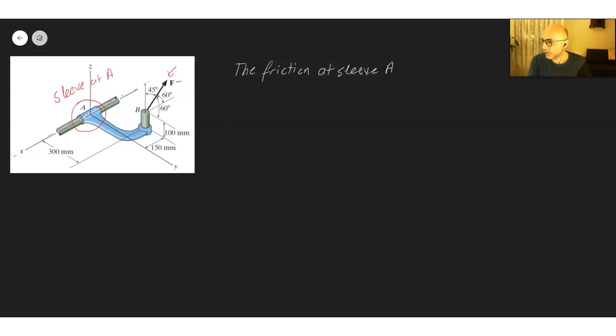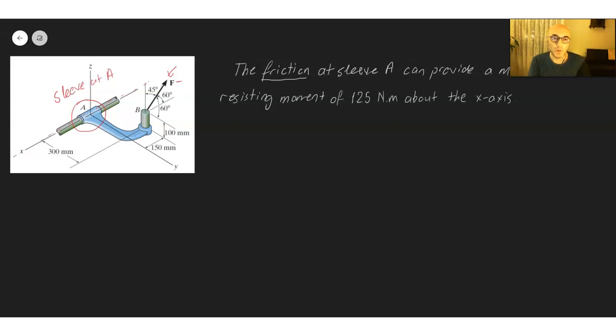So what about the friction at the sleeve A? This friction can provide a maximum resisting moment of 125 Newton meters, and that's about the x-axis.